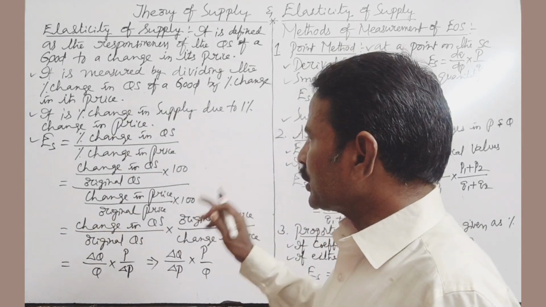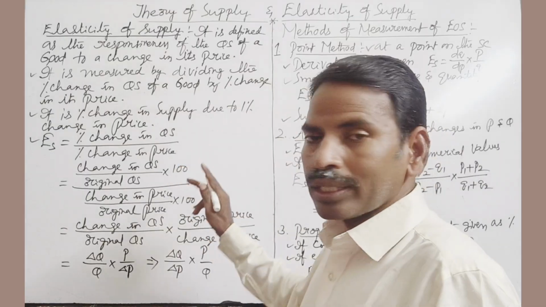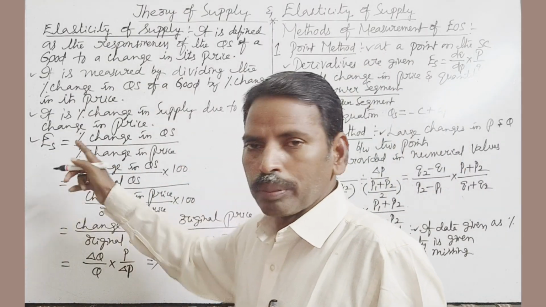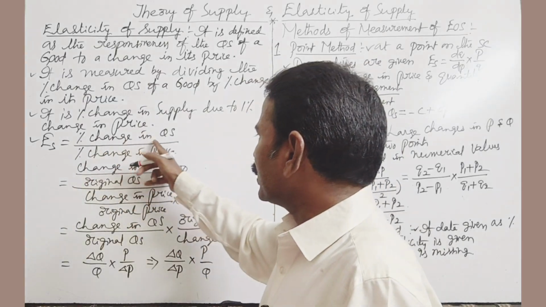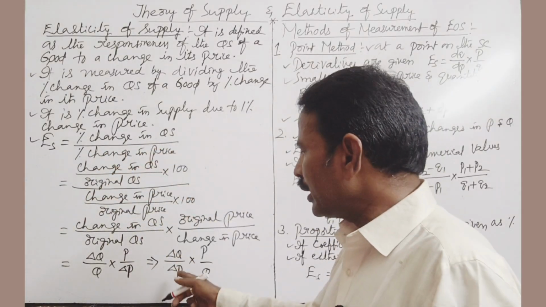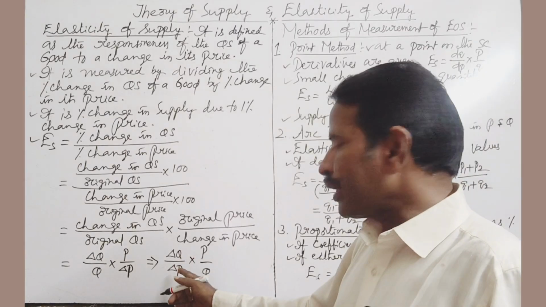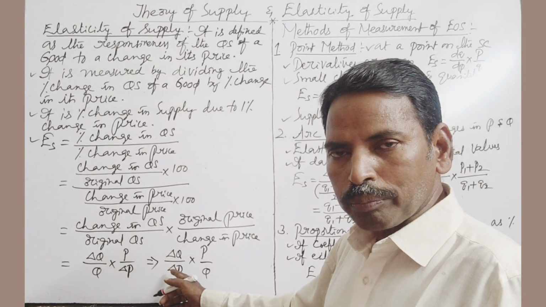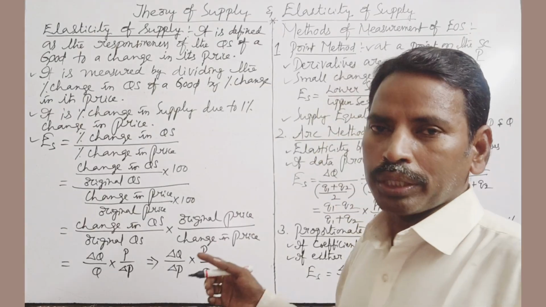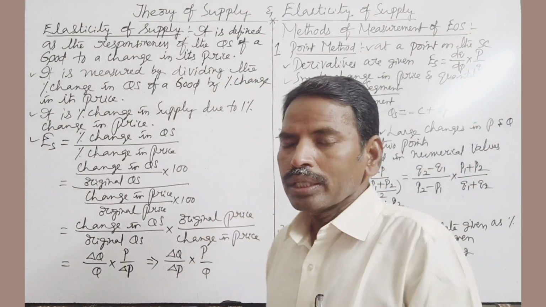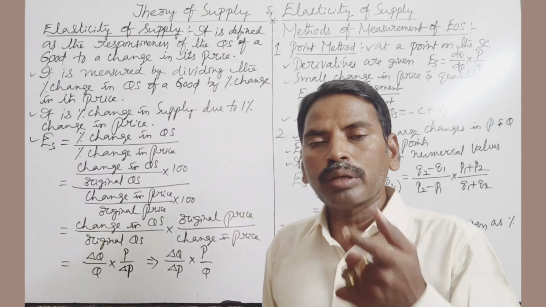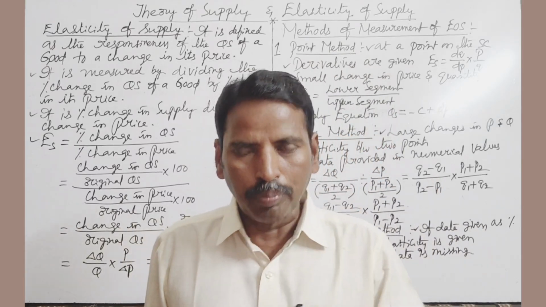Finally, it can be written as elasticity of supply is equal to delta Q by delta P into P by Q. This is the meaning of elasticity of supply and formula of elasticity of supply.